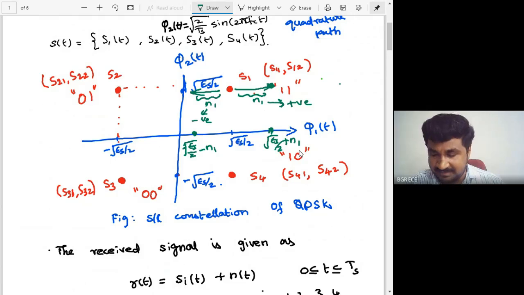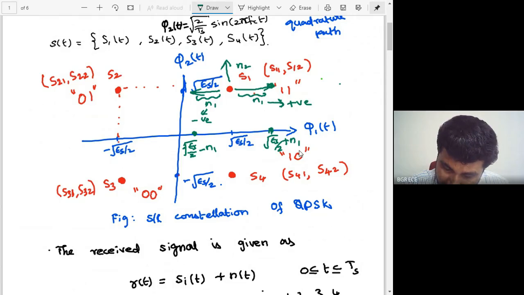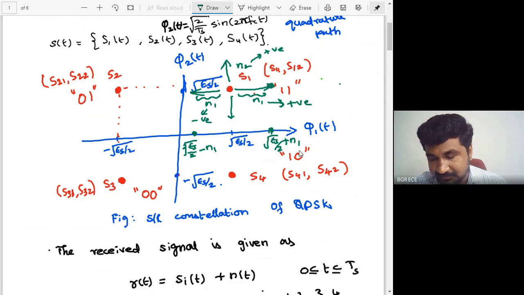Similarly, the same message point will have relocation on the y-axis. If n2 is positive, it will go upward, and if n2 is negative, it will go downwards.